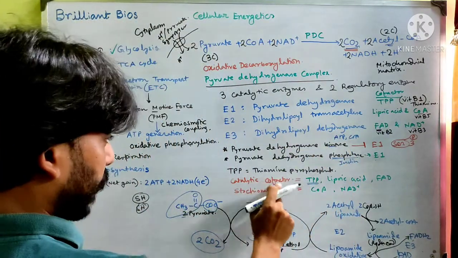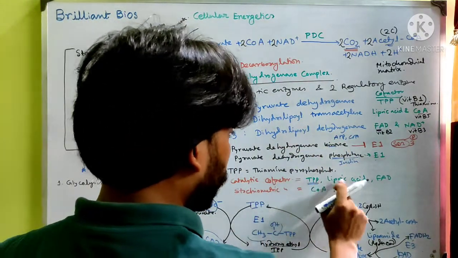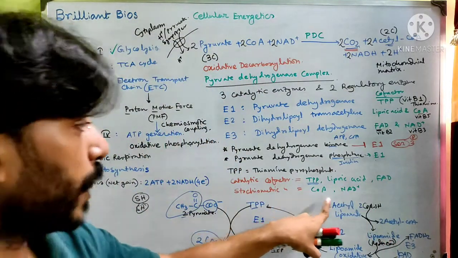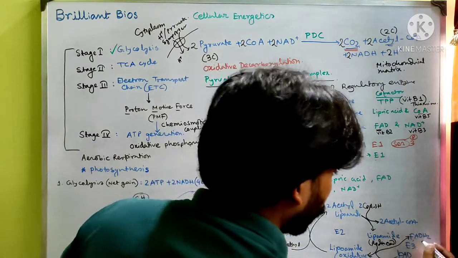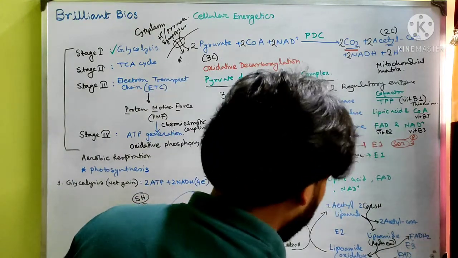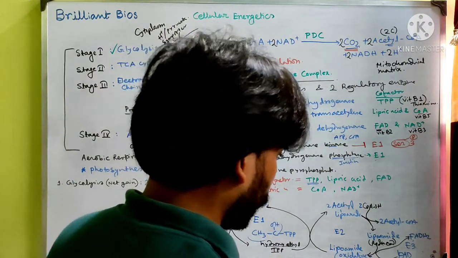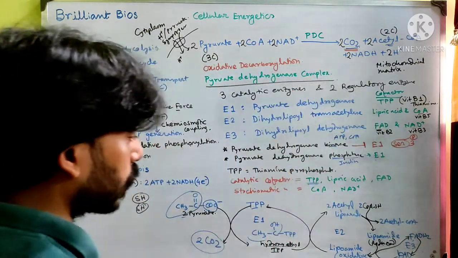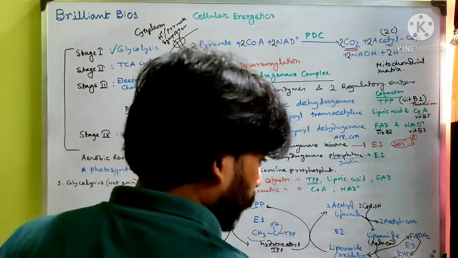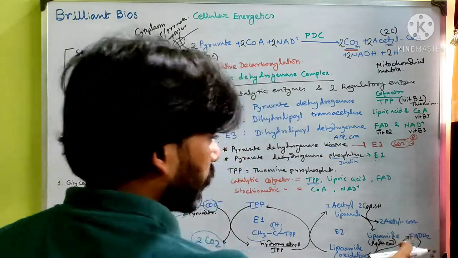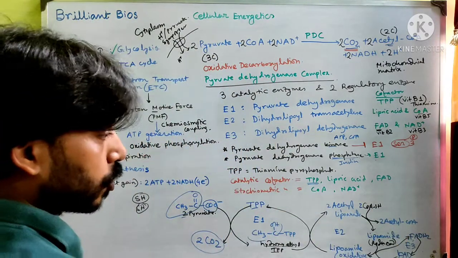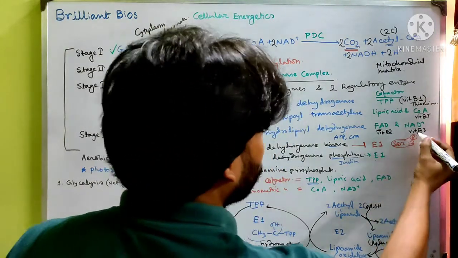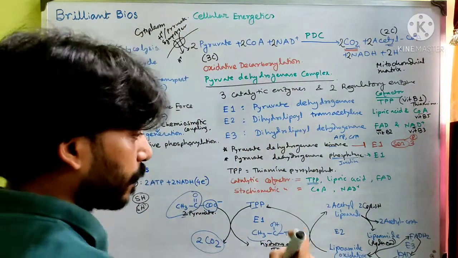I have mentioned here that the catalytic cofactors are TPP, lipoic acid and FAD, and the stoichiometric cofactors are CoA and NAD. Now the FAD becomes FADH2, but it should be converted back into FAD, because if the FAD becomes FADH2 permanently, then this reaction will stop. So this should be recycled back, and now the last cofactor NAD plus takes part.